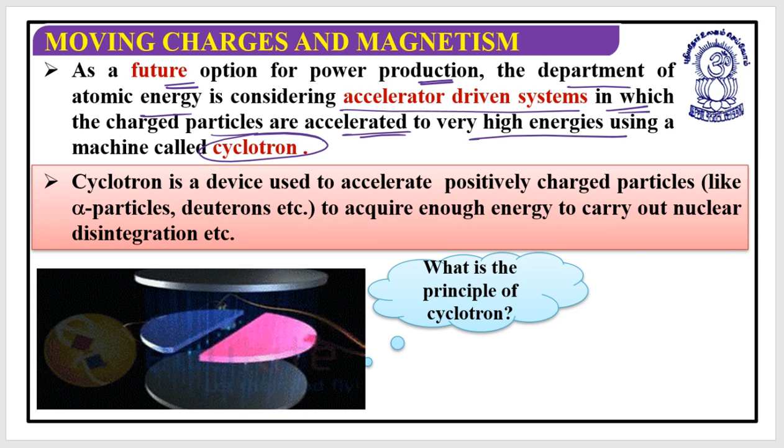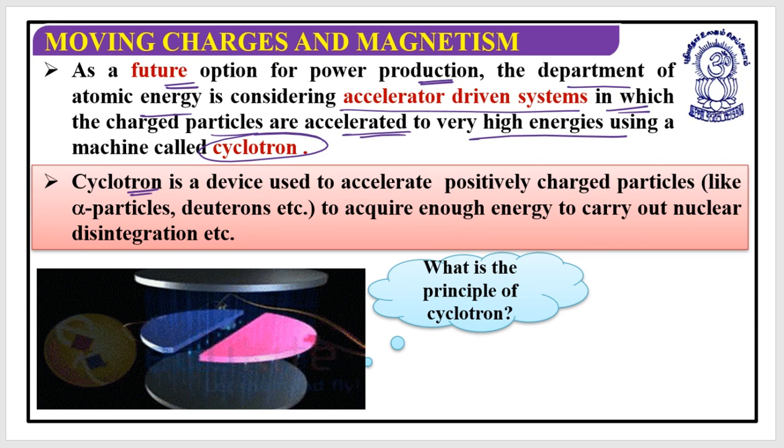So why do we use it? We use it to produce energy. Why are we discussing it here? Because what we are supposed to do is somewhat related to the magnetic field and electric field. So let's have a look at what we are going to do and how we are going to do it.